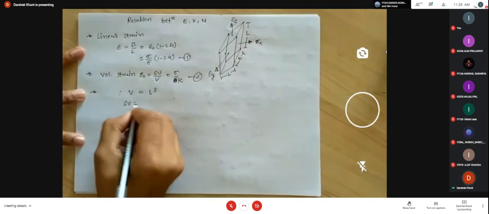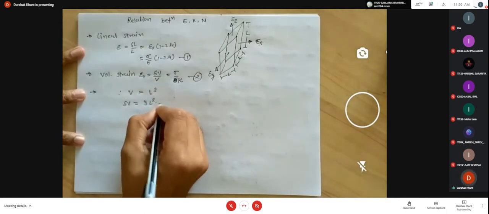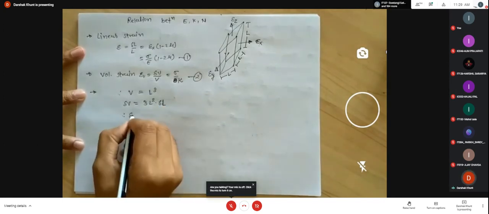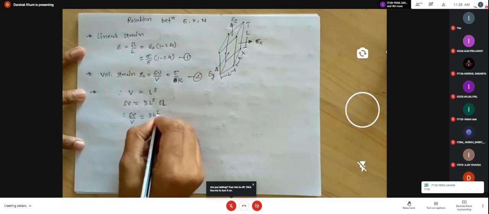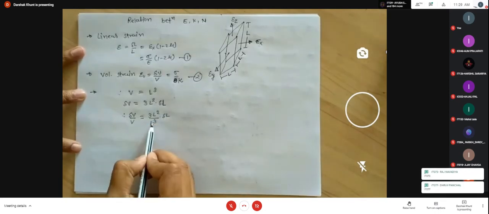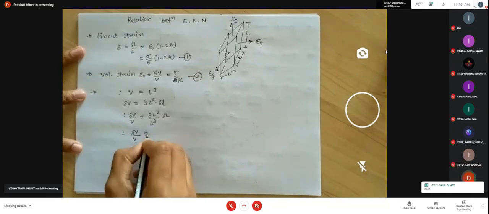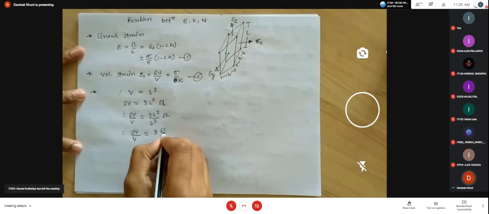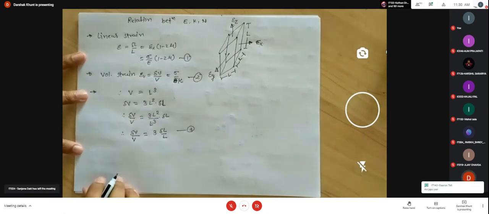Now if we differentiate this term, we get the change in volume as 3L square into delta L. So we get delta V by V is 3L square by L cube into delta L. Here the L square cancels out, so we get 3 delta L by L. That is equation number 3.